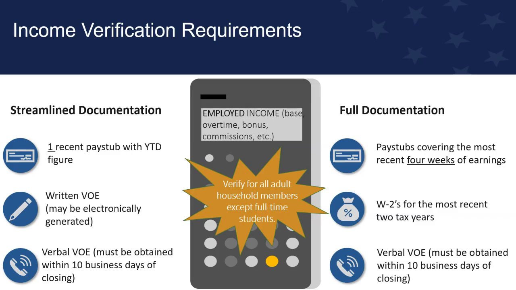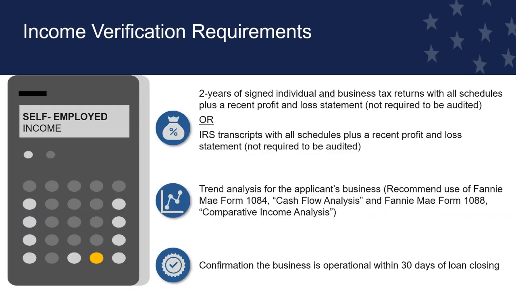For a full documentation, you will need current pay stubs covering 4 weeks of earnings, latest 2 years of W-2 forms, and a verbal VOE within 10 business days of closing. These are just a few examples of what you can provide, but remember that attachment 9A also gives you a list of other acceptable documents.